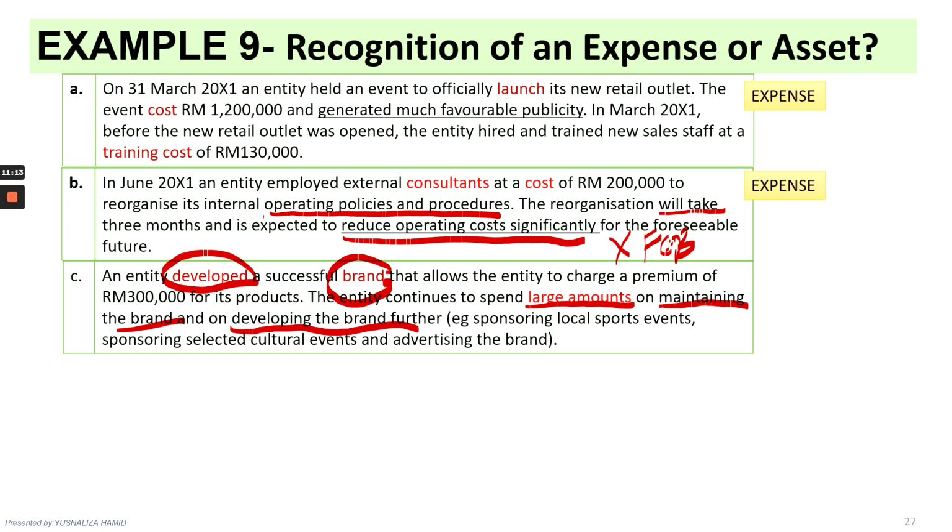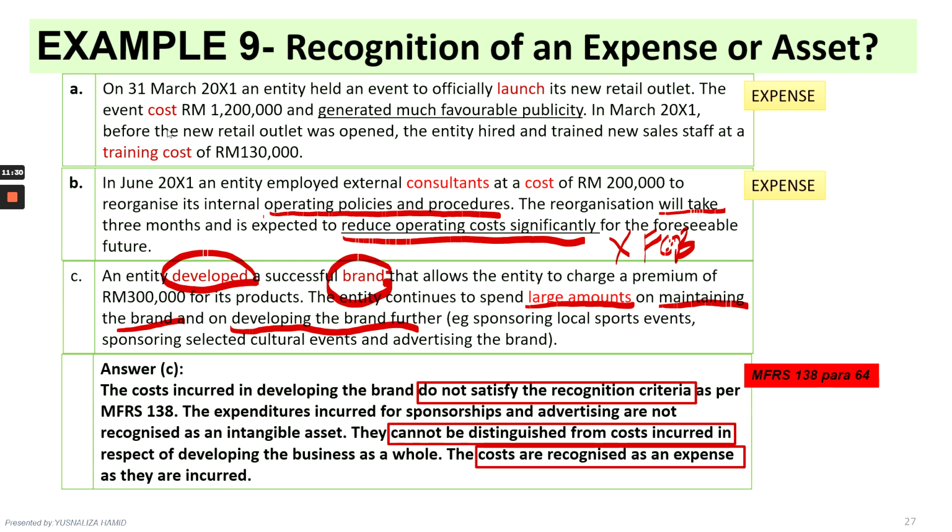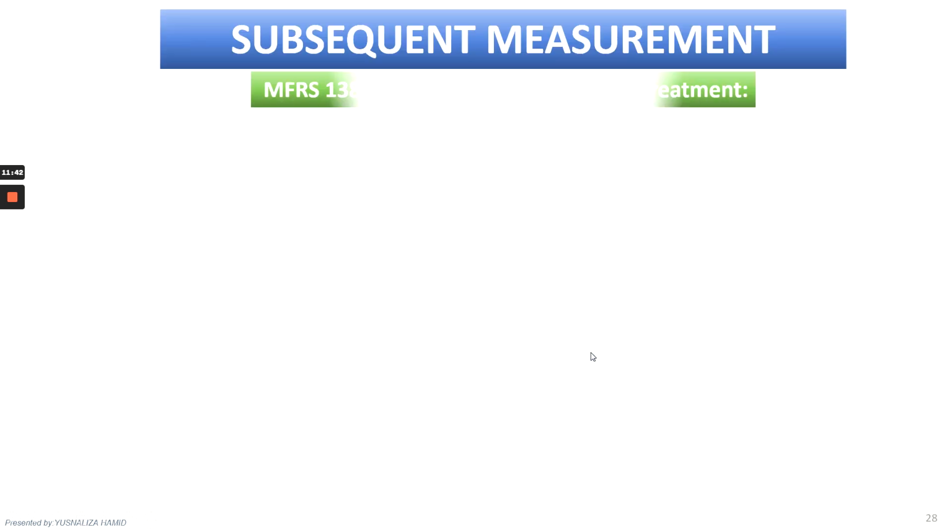These are things that happen, and these are also not an asset. It does not satisfy the recognition criteria, right? And they cannot be distinguished from the cost incurred in respect of developing the business as a whole, and therefore the costs are recognized as expense as incurred.